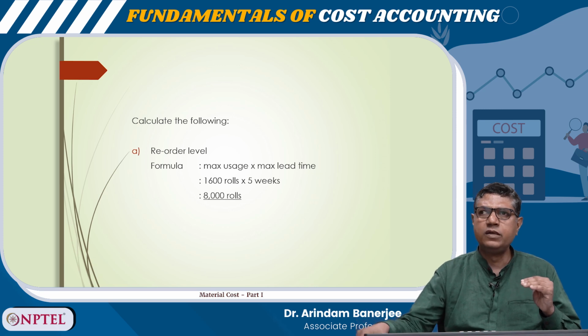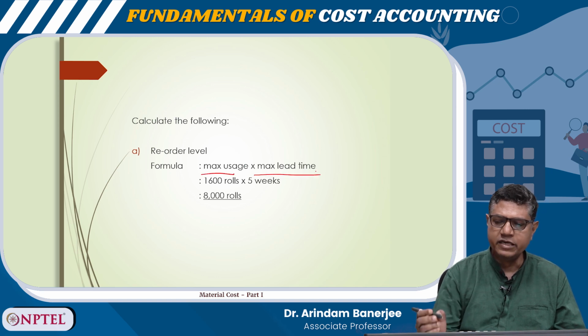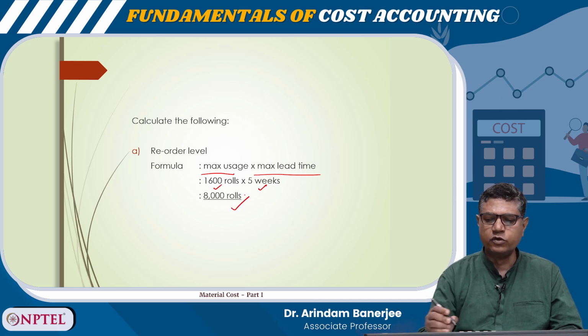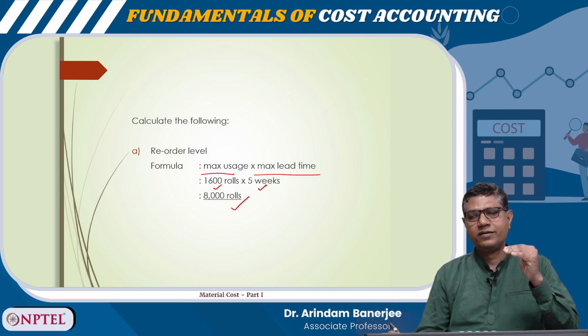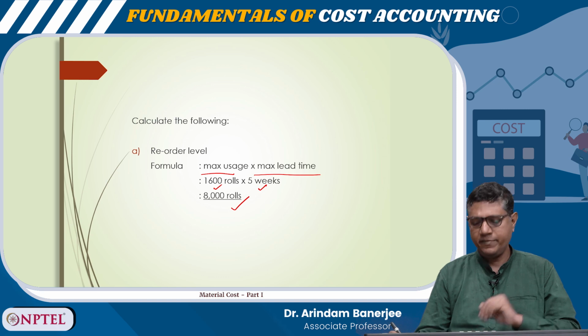What is the formula? The formula is maximum usage into maximum lead time. So, 1600 rolls it is given into 5 weeks, so 8000 rolls. So, when the stock will reach 8000 rolls, the company will reorder, will put a fresh order.